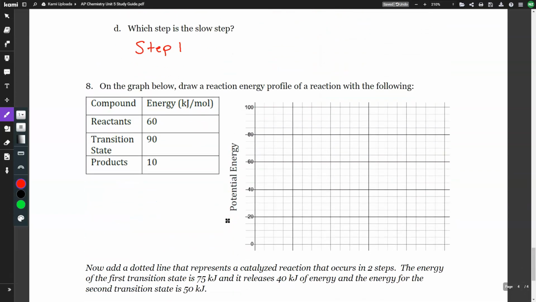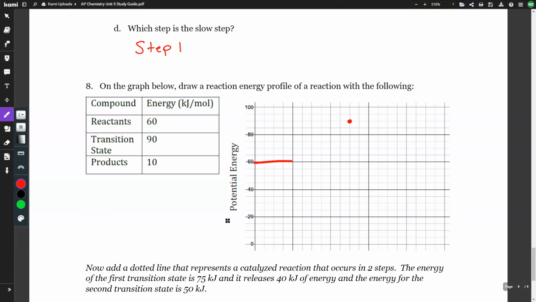All right. On the graph below, draw a reaction profile of a reaction with the following. So the reactants are at 60. I'm just going to draw a flat line here. Transition state is at 90. So let me go ahead and we'll just put that, let's say here.